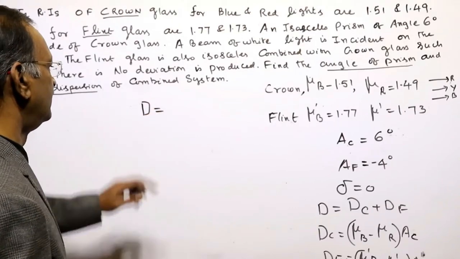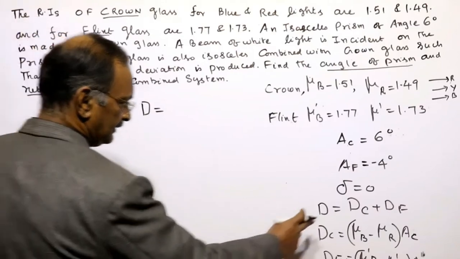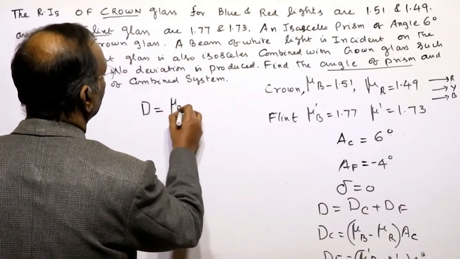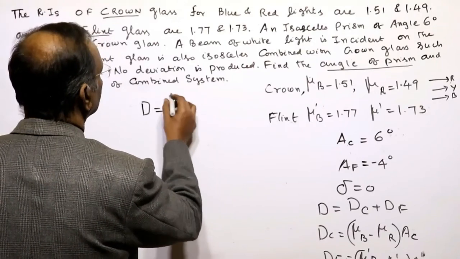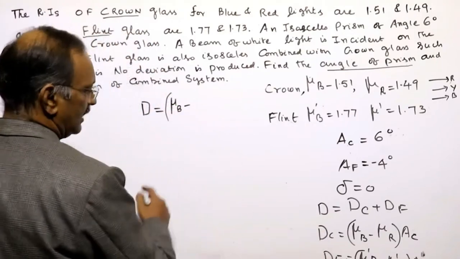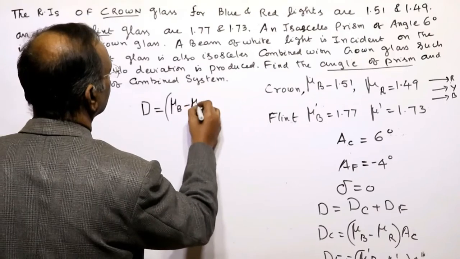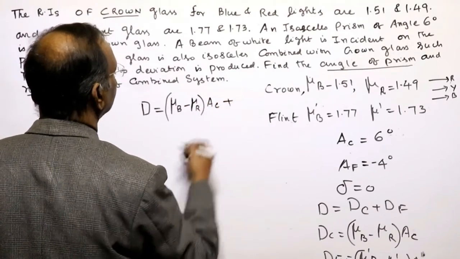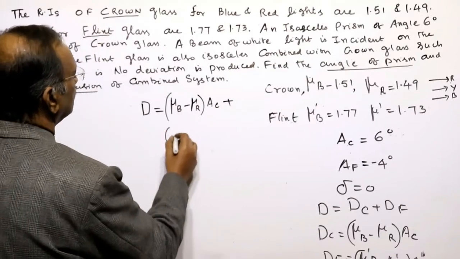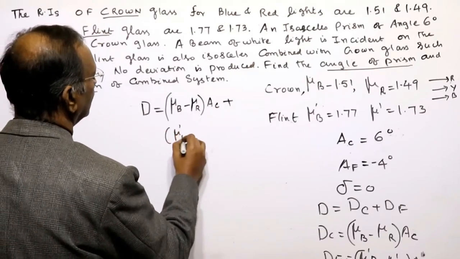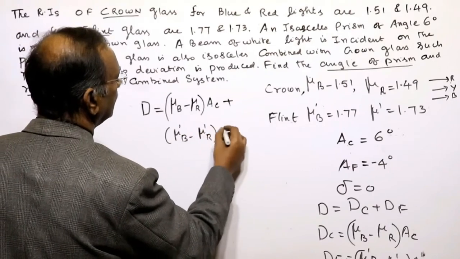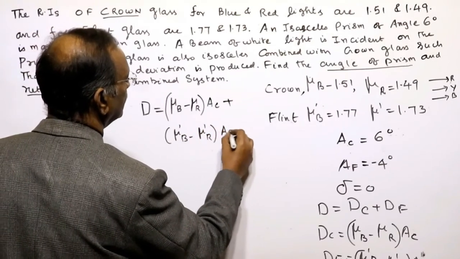Dispersion produced by the combination is equal to DC plus DF, which is equal to refractive index of blue ray minus refractive index of red ray into angle for the crown glass, plus refractive index for blue and refractive index for red ray into angle of prism for the flint glass.